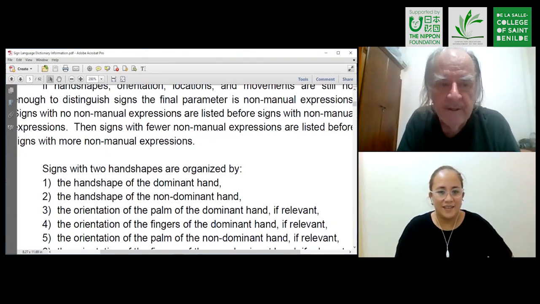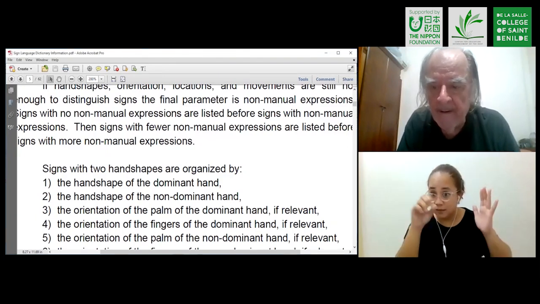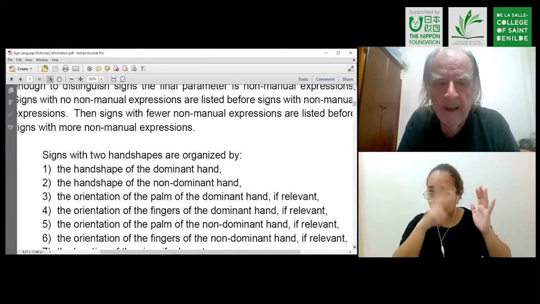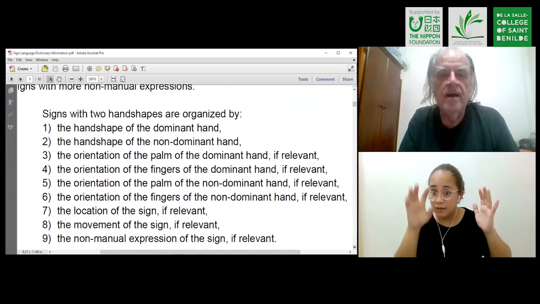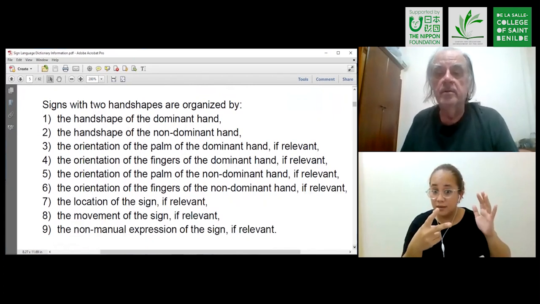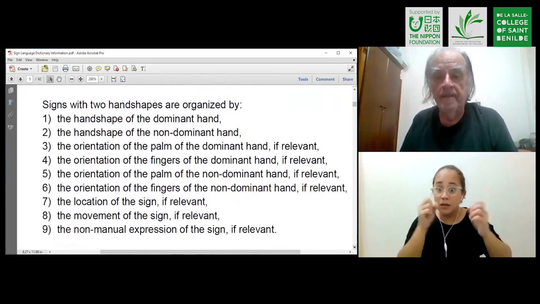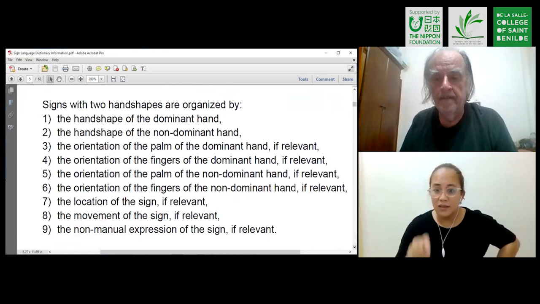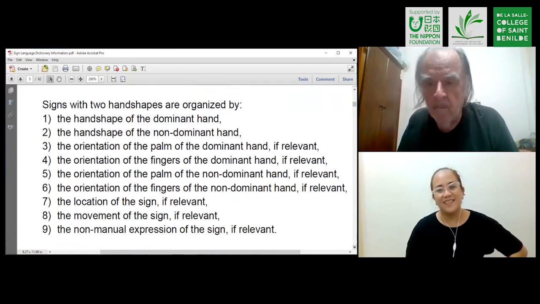Okay, can you see this? We're still having a discussion on adding up and the hand shape of adding up.